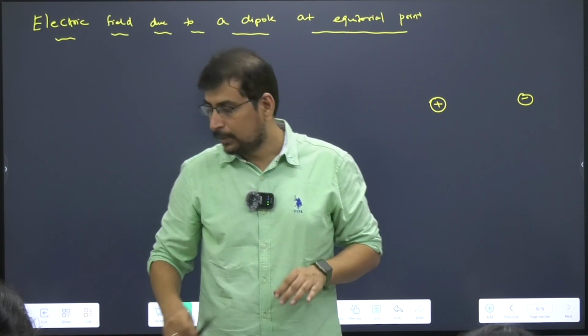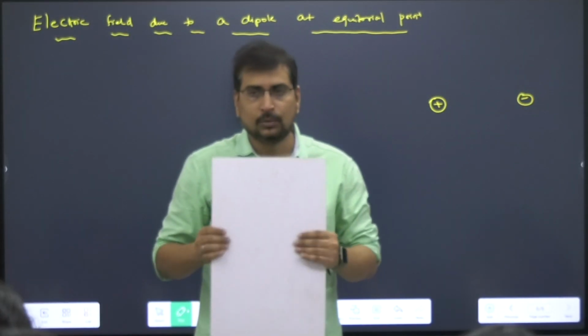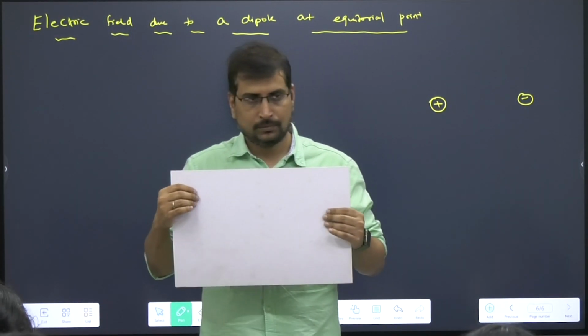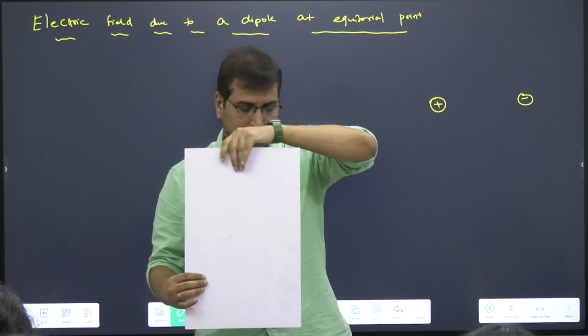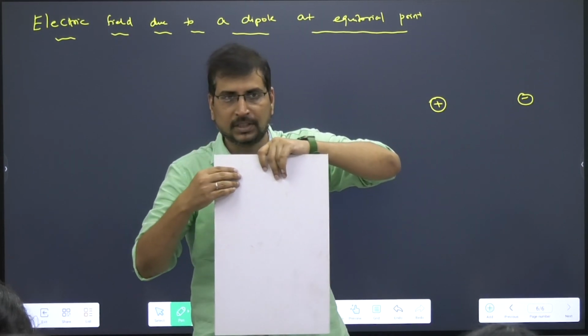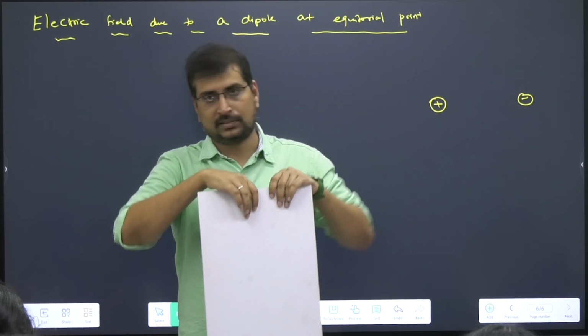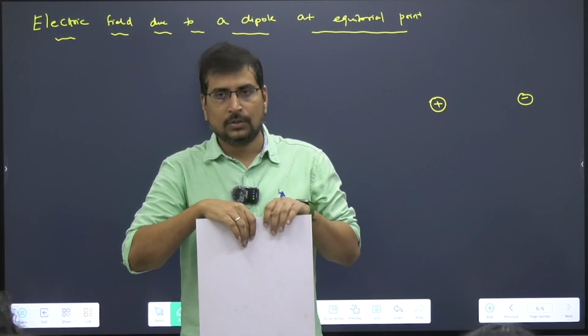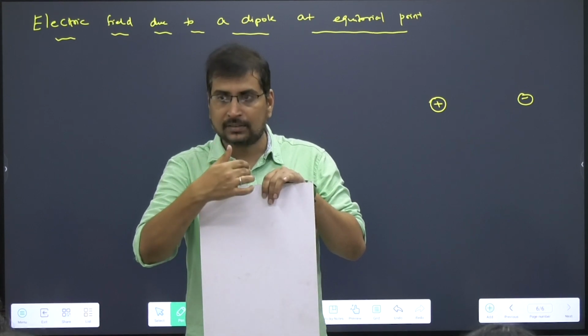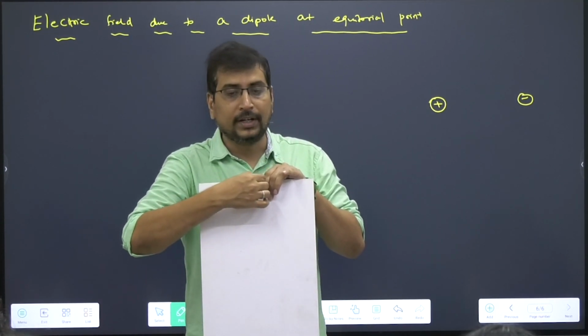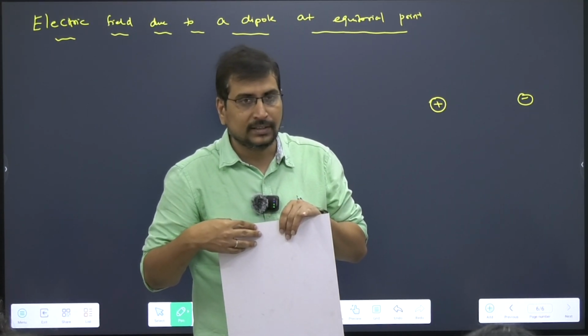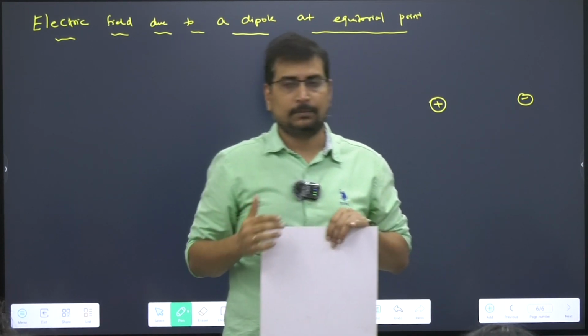For that equatorial plane, if you have to visualize, suppose the equatorial plane is looking something like this. So the equatorial plane is looking something like this, and this will be called as the equatorial axis. So on the equatorial axis, if you take any point, then that point is what is called as equatorial point.